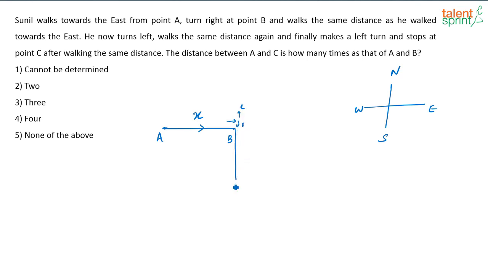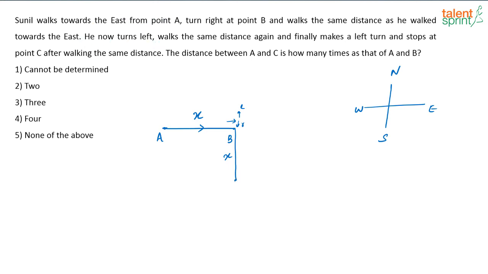So he is taking a right at B and he is walking the same distance, right? So again he is walking another x meters and then after that he is making a left turn. So from here, right, he is making a left turn. Sunil walks towards the east from point A, turns right at point B, walks the same distance as he walked towards the east.